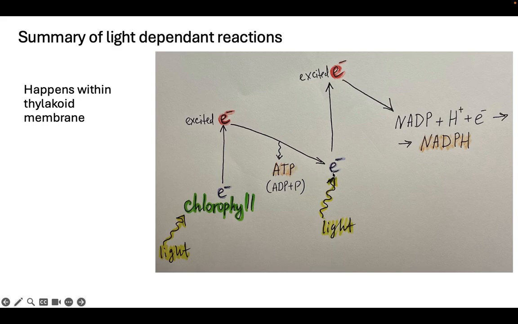Once that happens, then that electron is going to absorb another portion of light and again get excited, and you can see that the excited energy state became even higher than it was in the first instance. So it got excited again, and then as it's coming down from its excited state, that energy is again going to get captured and it's going to end up producing this substance called NADPH.